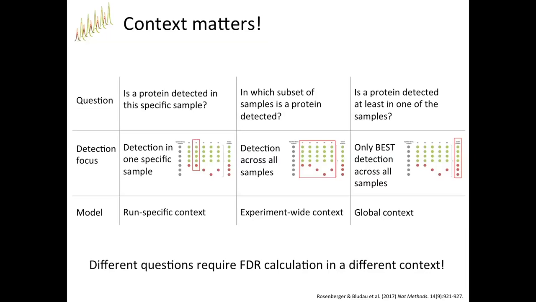So one question could be if a protein is detected in a very specific sample in your data set. And this is what Ludovic presented in the lecture before. So you're really just interested in one single sample and you want to know if a certain set of proteins are detectable.